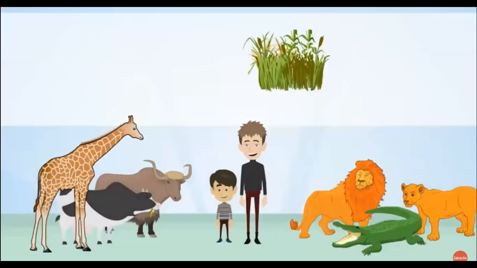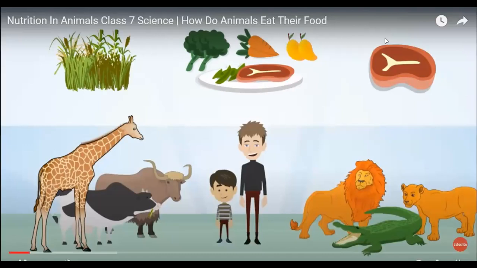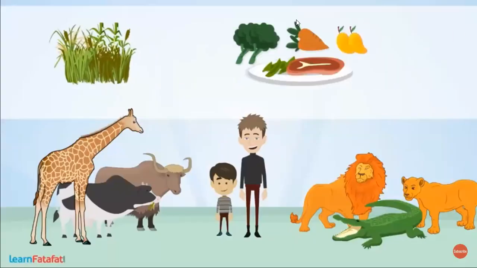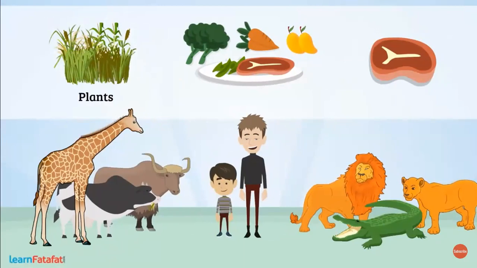Organisms need food for energy and maintenance of life. Animals obtain their food either from plants or by eating other animals.